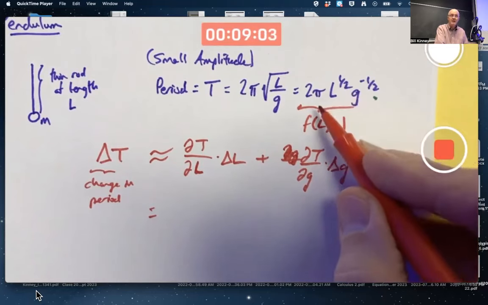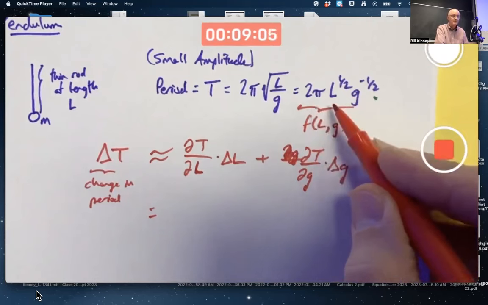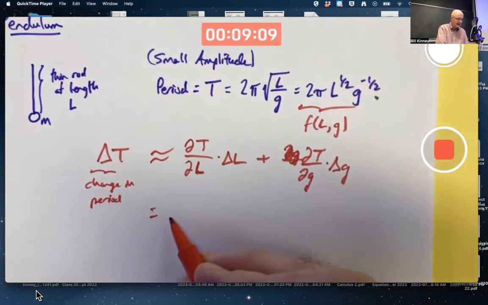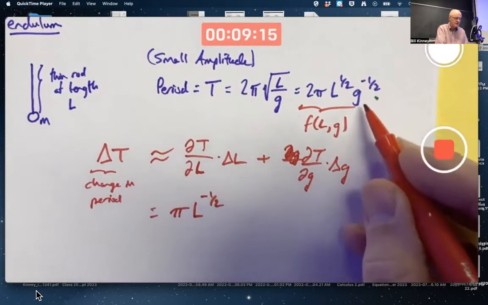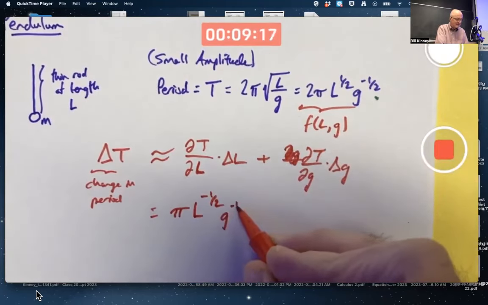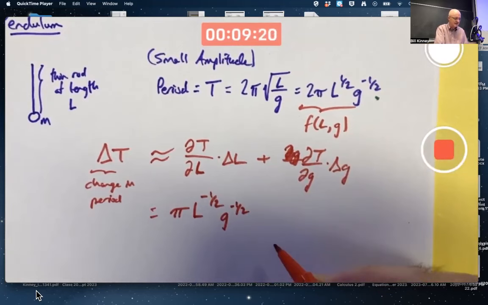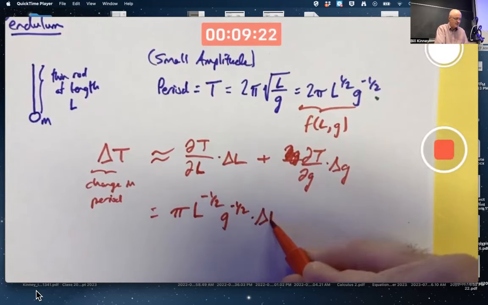Use the power rule. Bring down the 1/2. 2 pi times 1/2 is just pi, right? The 2 and the 1/2 would cancel. And then you subtract 1 from that exponent. 1/2 minus 1 is negative 1/2. The G to the negative 1/2 just stays as it is, as if it's a constant. That gets multiplied by the change in L.